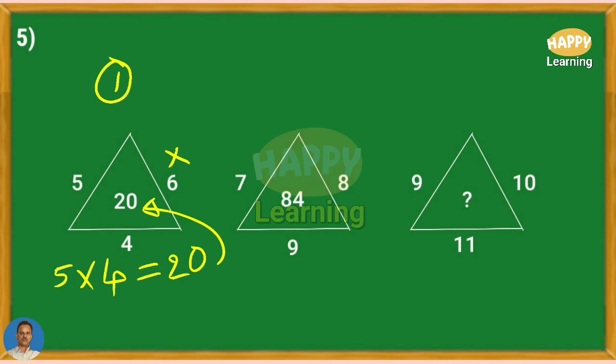Then 7 into 9 is equal to 63, but 84 and 63 are not equal. That means this logic we are thinking is not correct. So this is wrong logic. So let us go to the next logic.